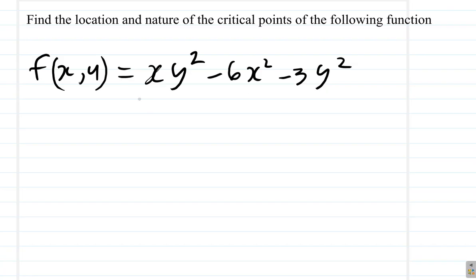So let's see. Here we're going to find fx. We treat x as the variable here and y as a constant. Alright? So what we're going to have is y squared minus 12x.